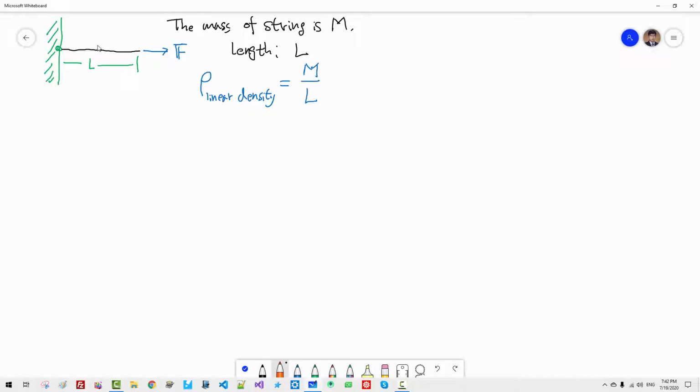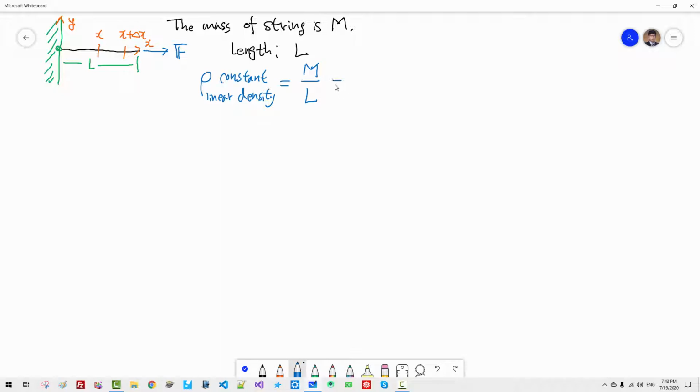Now in this segment, we denote the horizontal axis X, the vertical axis Y. So here X, this point, X plus delta X. We assume the density is constant.